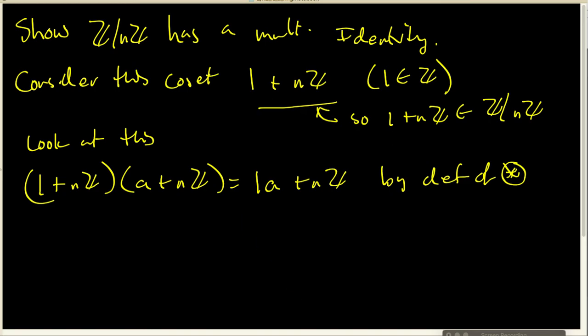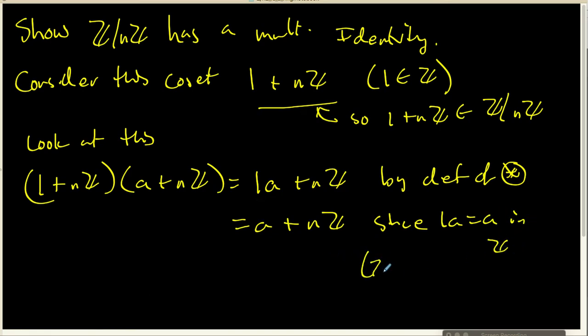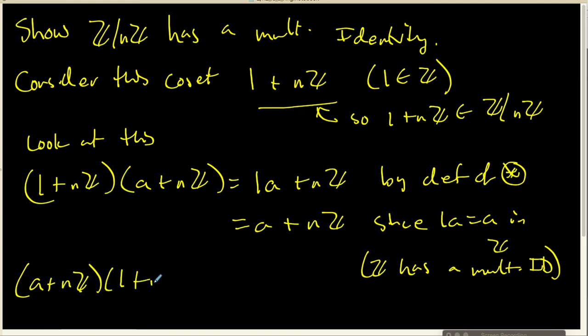But I know that this element lies inside Z, and 1 times A is just going to be equal to A inside Z. In other words, I am using the fact that Z has a multiplicative identity element here. And obviously, the multiplication works the same going the other way. This is also going to be A plus NZ.